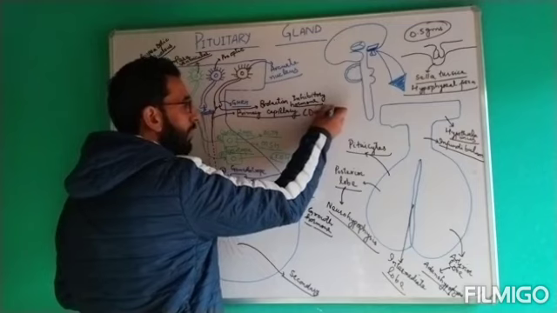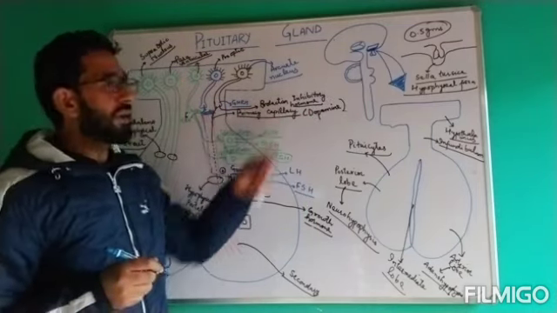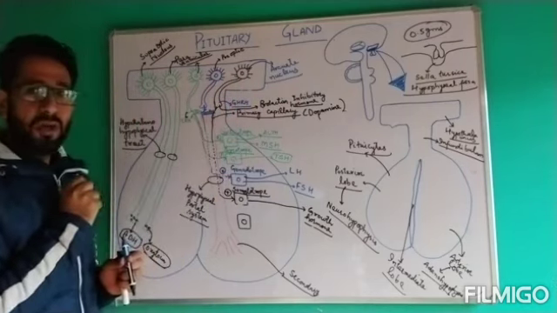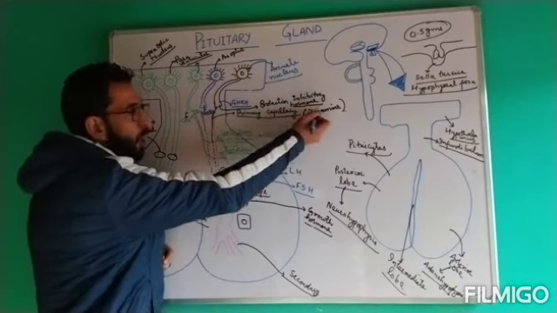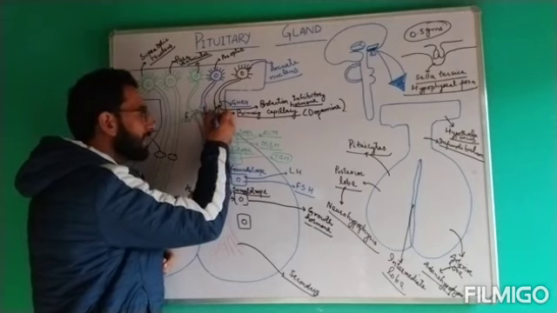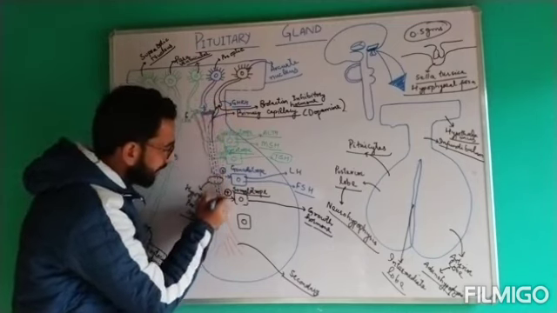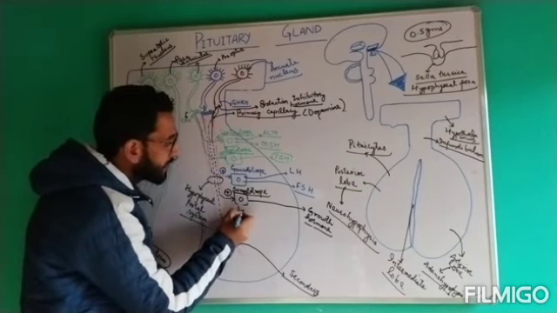You might have heard about this dopamine, or prolactin inhibitory hormone, which is released by the arcuate nucleus. It also comes into the circulation and acts on the last cell, which is called the lactotrope.